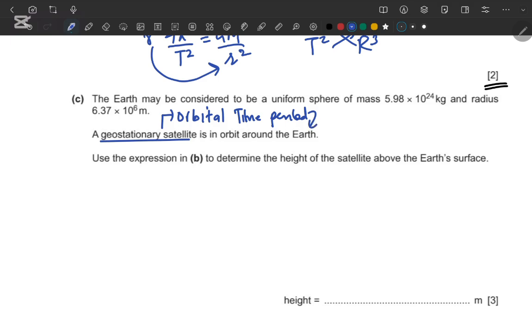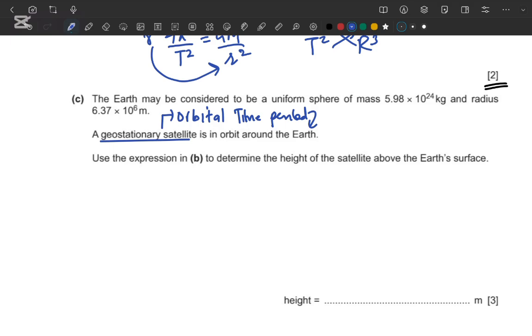Okay, so we already know a lot of information about geostationary satellites as well, so we're going to continue with the question. Its relative position to the Earth is always the same, so if the Earth rotates by 10 degrees, it's going to move by 10 degrees.